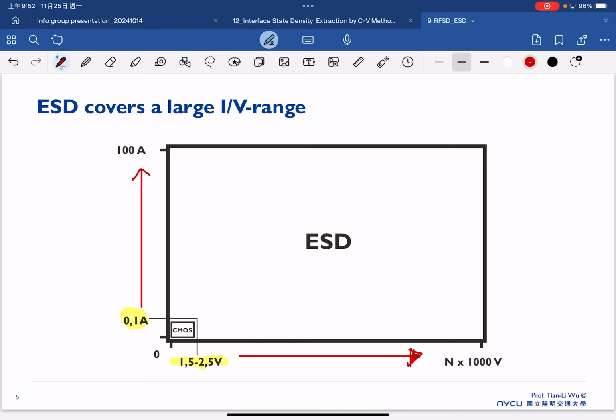So now you can realize that definitely our chip cannot sustain such high current and high voltage. So definitely it will cause huge damage. So basically our device completely fails under the ESD event. So that's a pretty challenging issue. So we need to do something to avoid this happening.